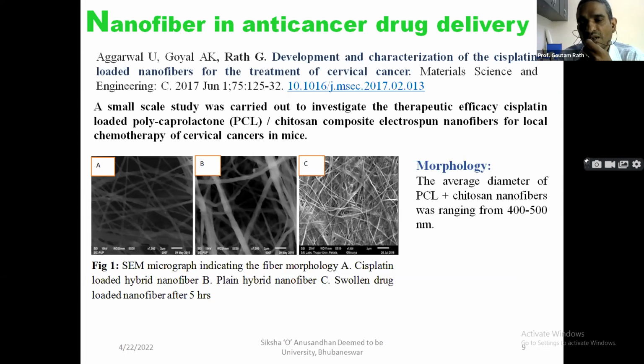The objective of selecting cisplatin was, first, to improve the solubility of cisplatin, and second, this particular study is intended for cervical cancers. So in cervical cancers, we want a mucoadhesive drug delivery system that can help to retain near the cervical cancers.